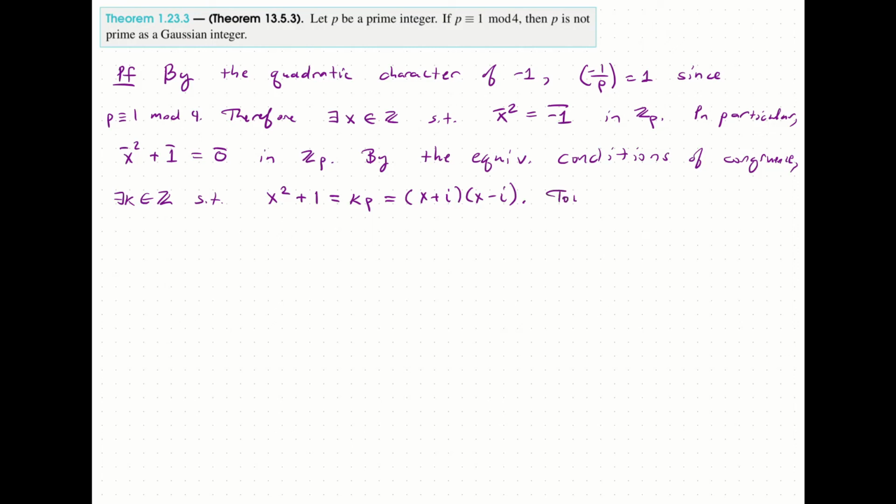So towards a contradiction, suppose that p is a Gaussian prime.